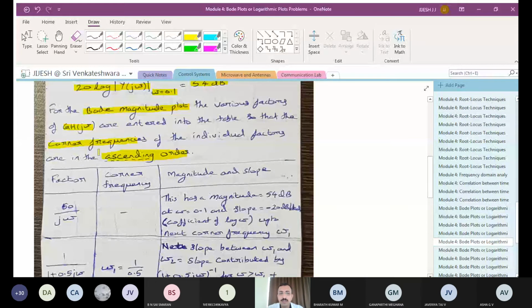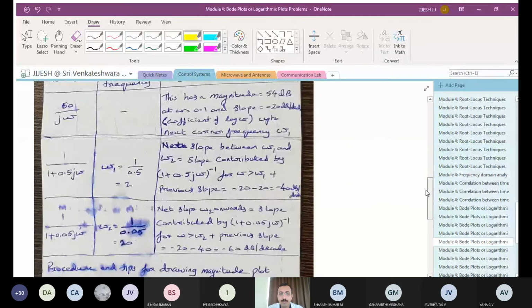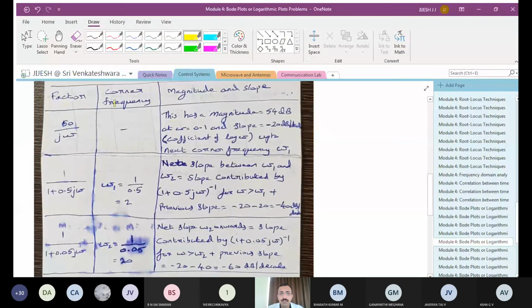So you need to find out the corner frequencies, and you have to arrange them in the table in ascending order. You can see here we have one table where this is the corner frequency, and this has to be arranged. Here you get omega 1 as 2 and omega 2 as 20. So this should be in this format itself. That is a very important point in the Bode plot to be understood, that it has to be in ascending order.